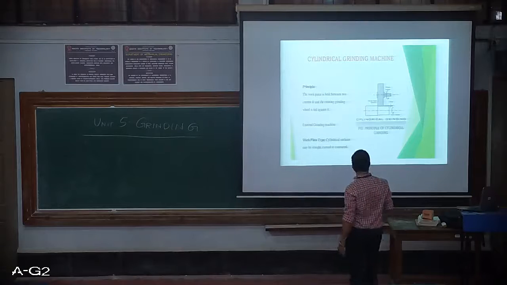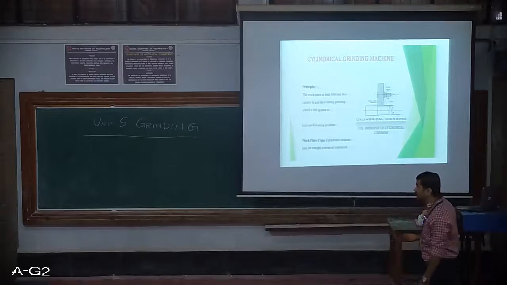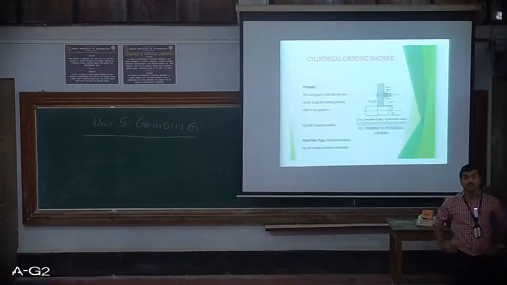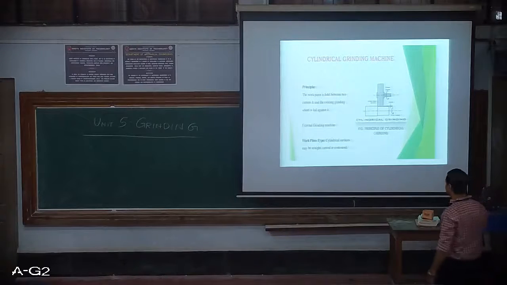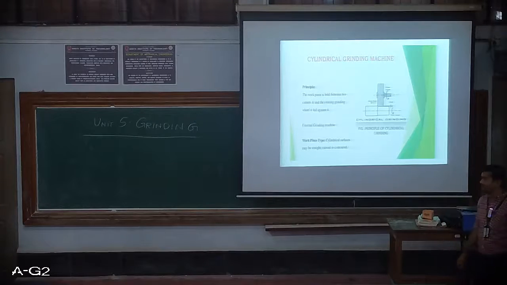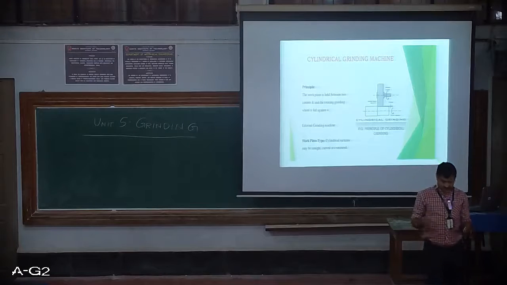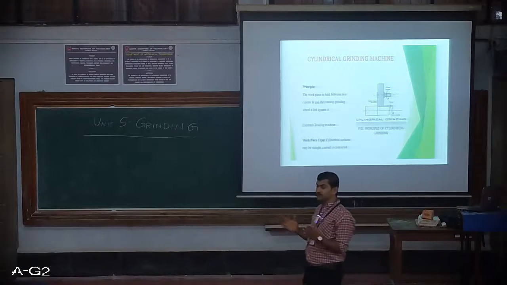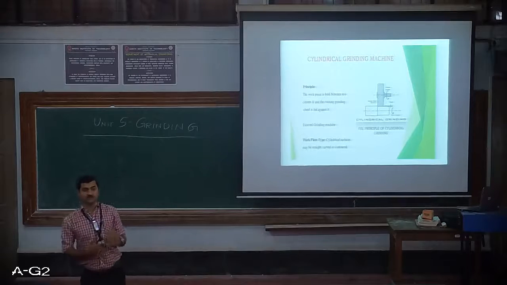So where can we use this kind of cylindrical grinder? To be specific, this cylindrical grinding machine can be designated as an external grinding machine. You can see it is written over there, external grinding machine. It is called an external grinding machine because these cylindrical grinders are used to machine external surfaces.